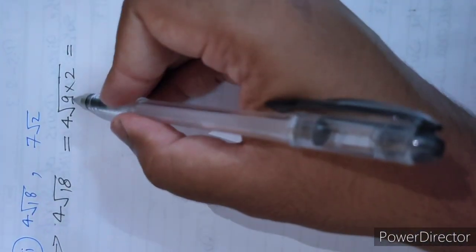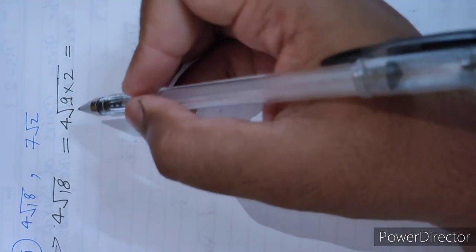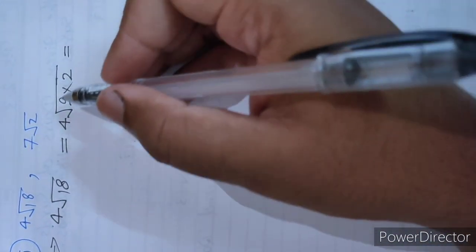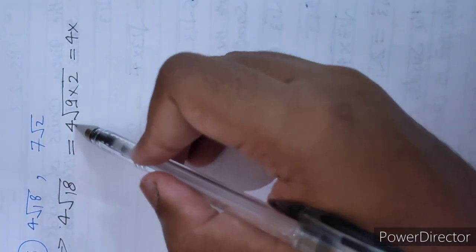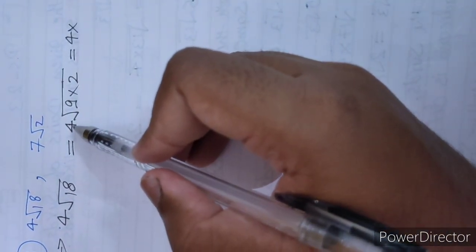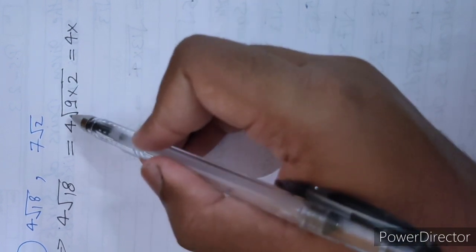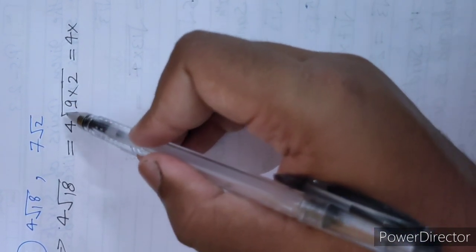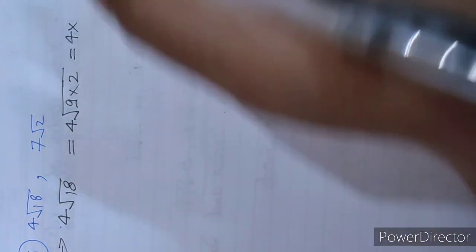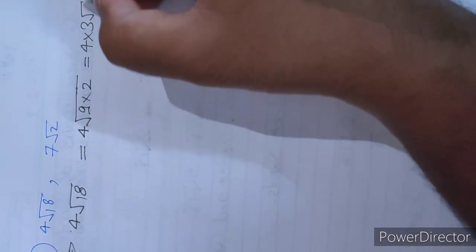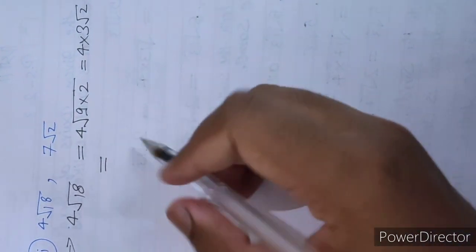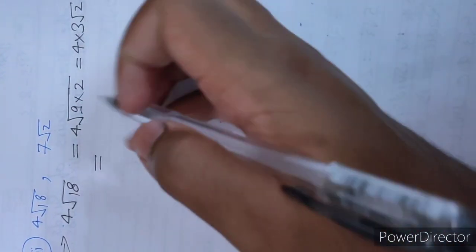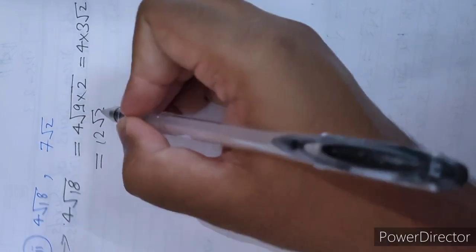So root 9 will come outside, and it converts into 3, because square root of 9 is 3. Outside 4 is also present, so when root 9 comes outside the square root, it will multiply to the 4. So here 4 root 18 can be written as 4 threes are 12 root 2.